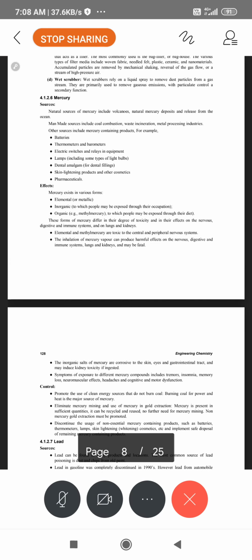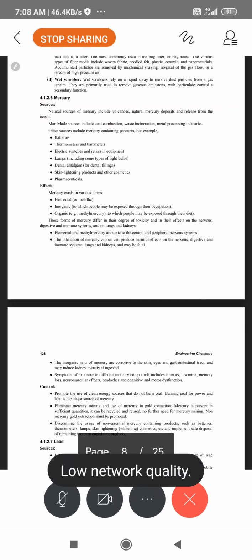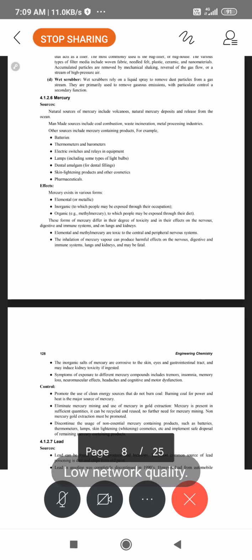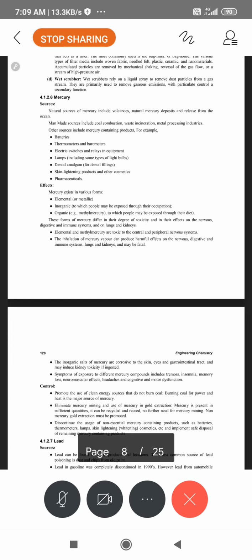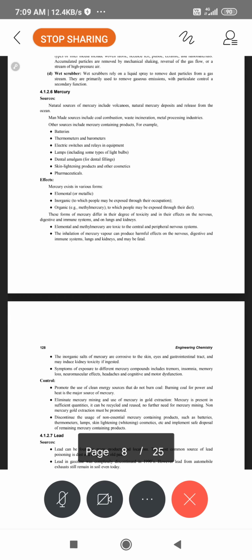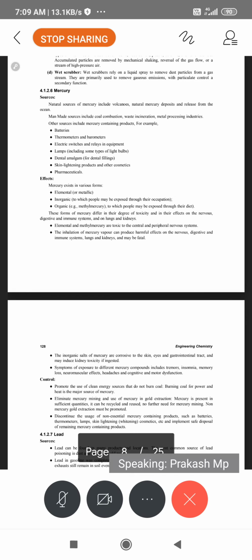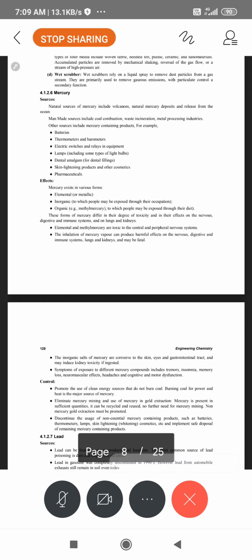The general sources of mercury are thermometers, oil refineries, power plants, forest fires, volcanoes, coal combustion, petroleum industries, metal processing, and also batteries, electrodes, coatings, dental amalgams, and pharmaceuticals. These are the sources of mercury.